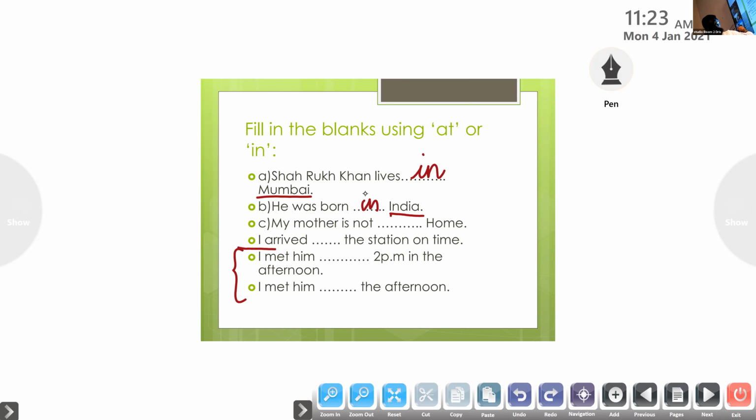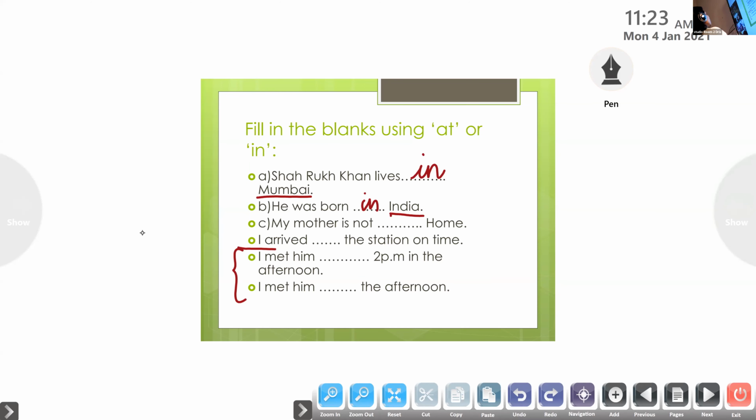Okay, Dia, do the next one for me. Read the next question. My mother is not dash home. Here it doesn't say any country, town or city, but it tells about a specific place. So which preposition do we have to use?